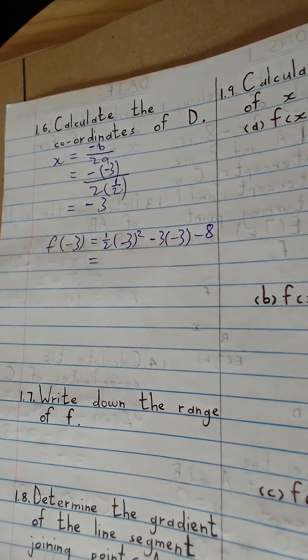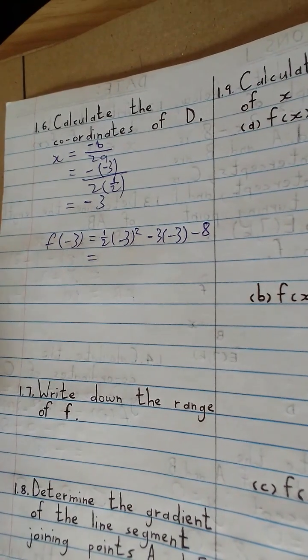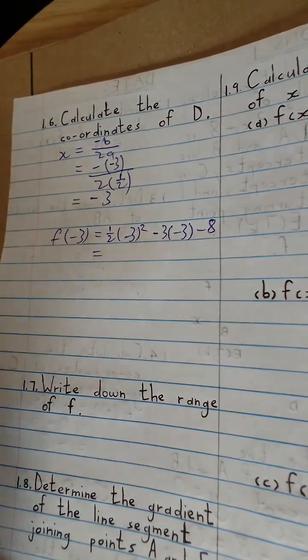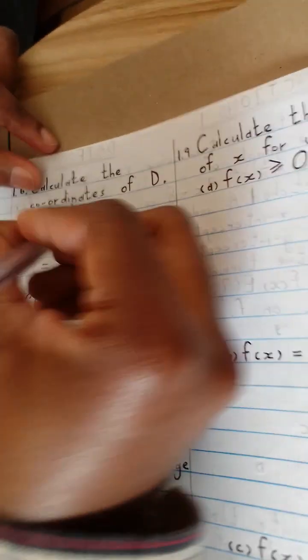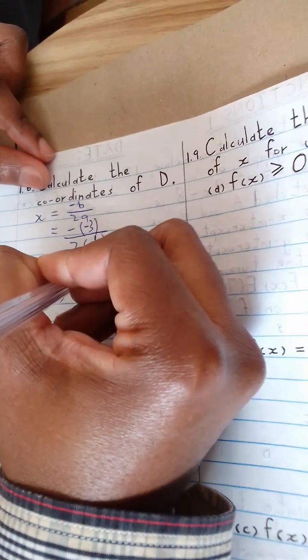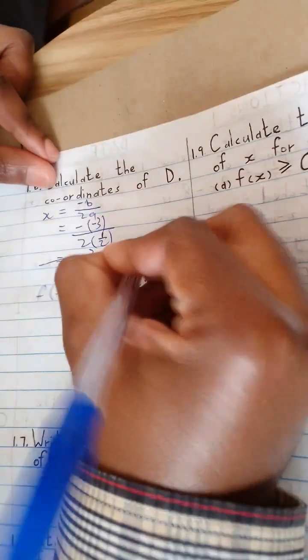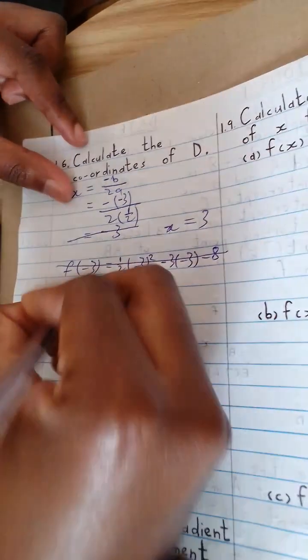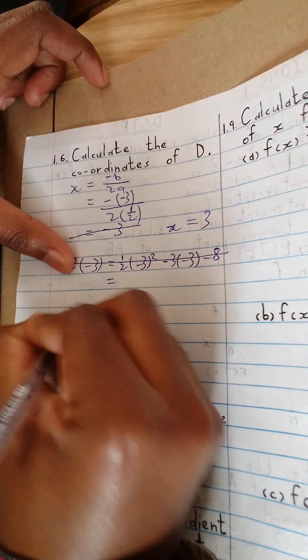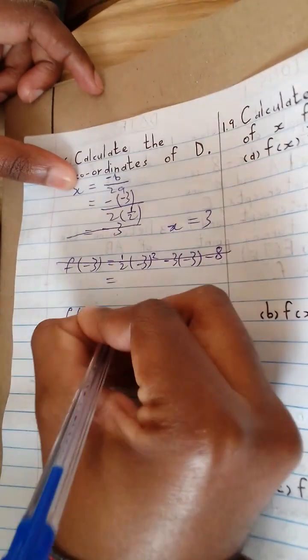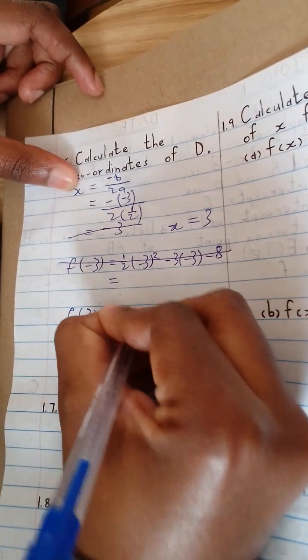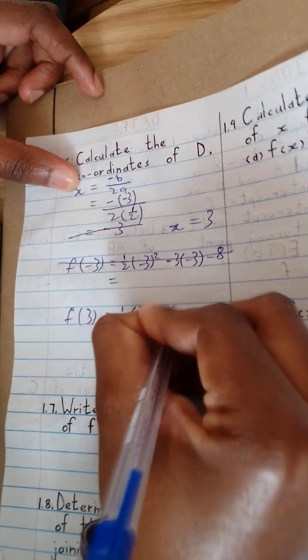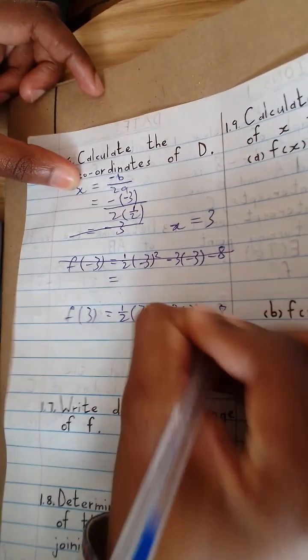Oh my, it's actually x is 3. My mistake, forgive me. X is 3. So we need to calculate f of 3: half 3 squared minus 3 times 3 minus 8.